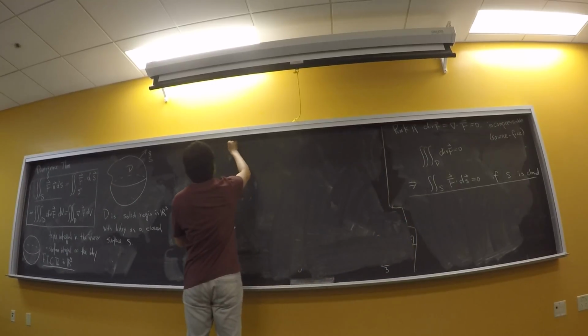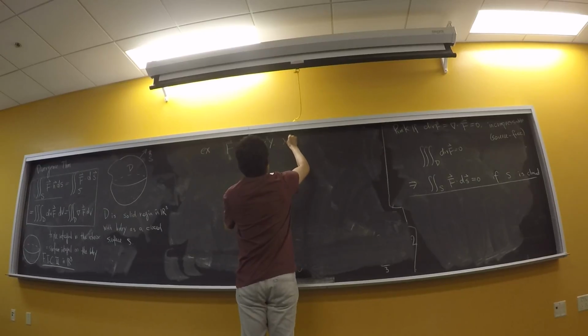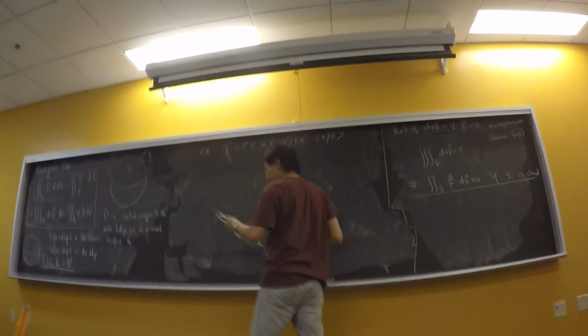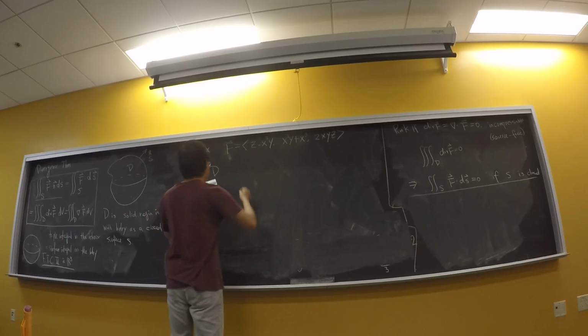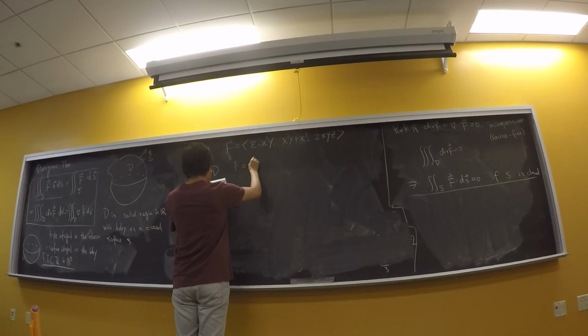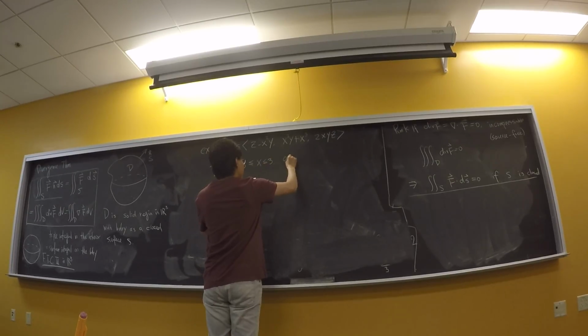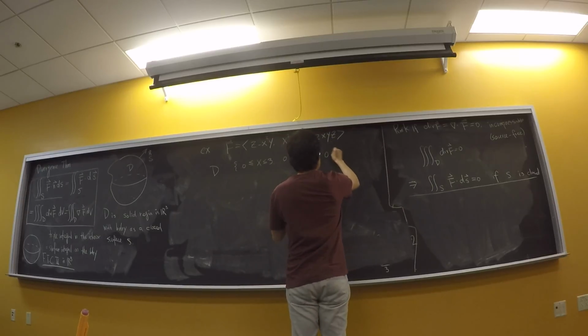So I still have a vector field, which is z minus x squared y, x squared y plus x cubed, 2xyz. And the domain is bounded by 0 less than or equal to x less than or equal to 3, 0 less than or equal to y less than or equal to 2, and 0 less than or equal to z less than or equal to y.